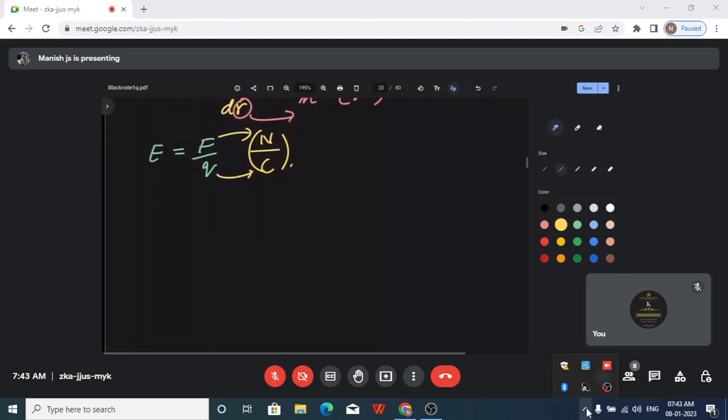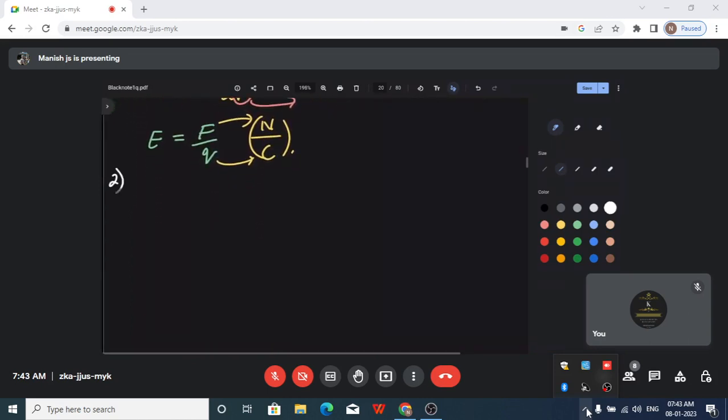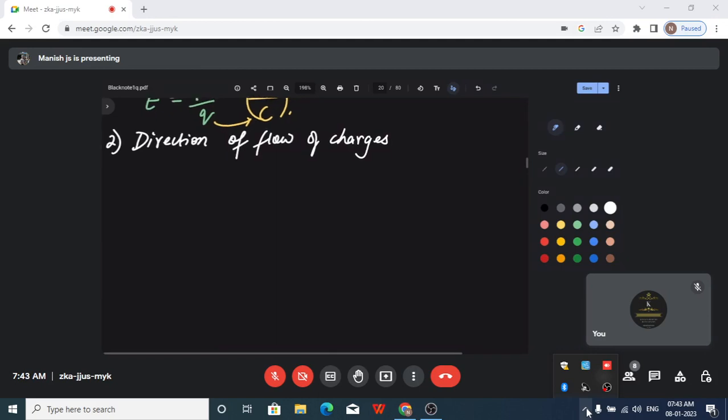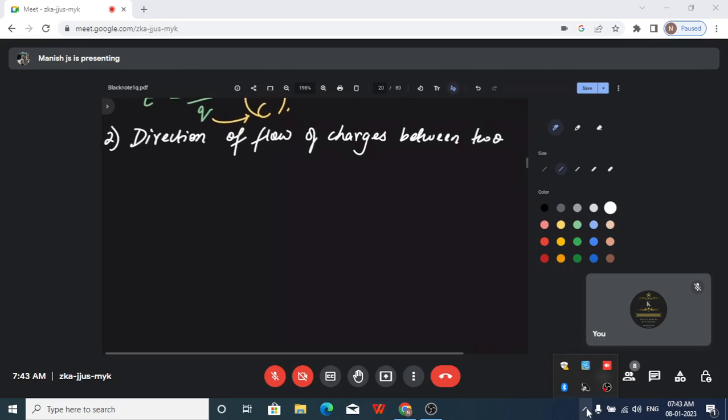Great. So now moving on to the next question, the second one. Direction of flow of charges between two charged bodies.